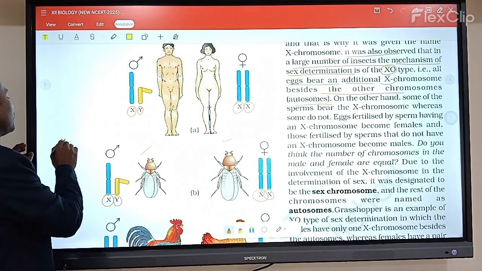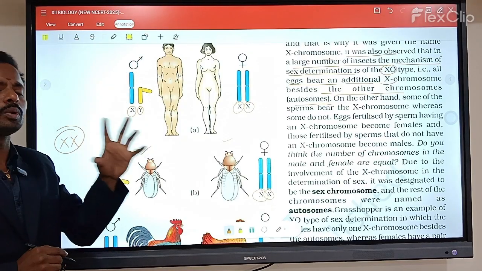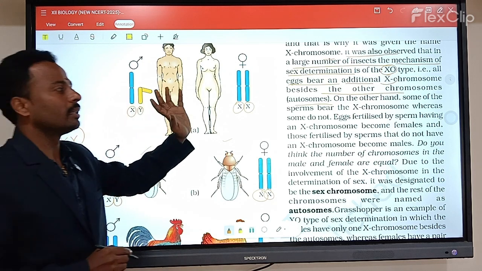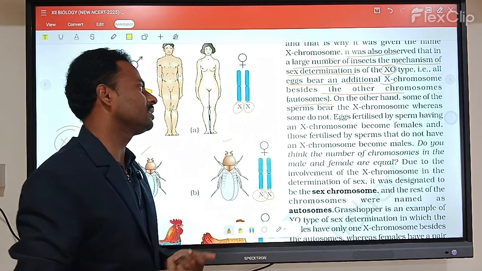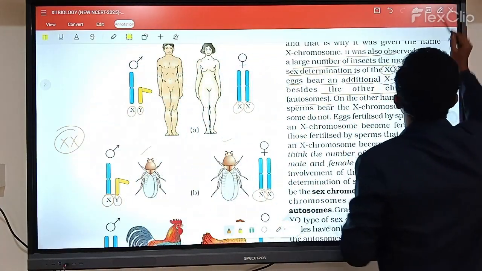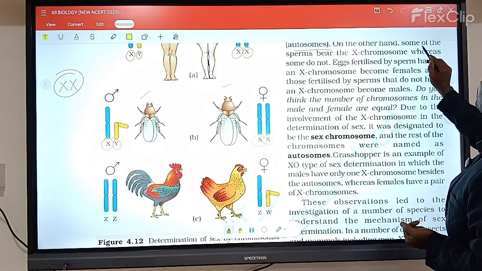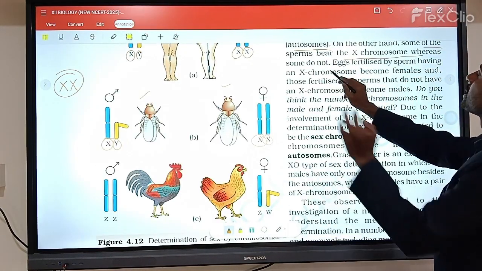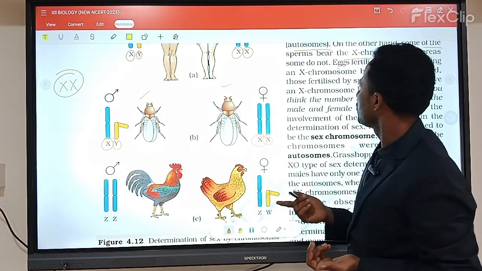So when you observe the XX chromosomes, the XO type is common, and the other chromosomes besides the X chromosome are called autosomes. Some of the sperms bear an X chromosome, whereas some do not appear to.